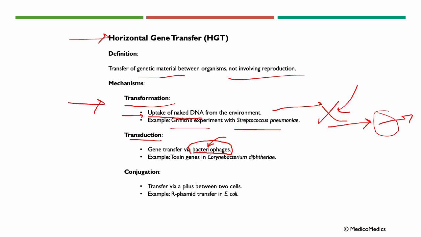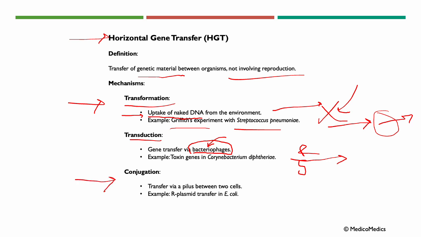One is generalized transduction, where random bacterial genes are transferred. And then you have specialized transduction, where only specific bacterial genes near prophage insertion sites are transferred. For example, Corynebacterium diphtheriae acquires diphtheria toxin genes via bacteriophage infection, and this makes it virulent.